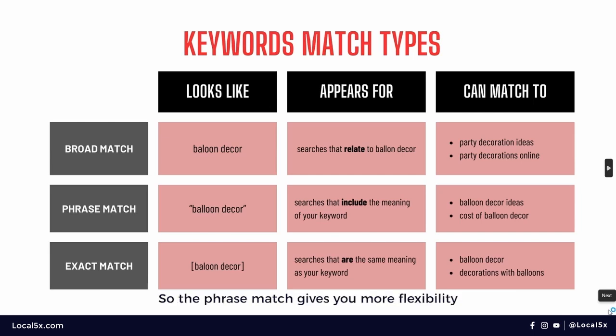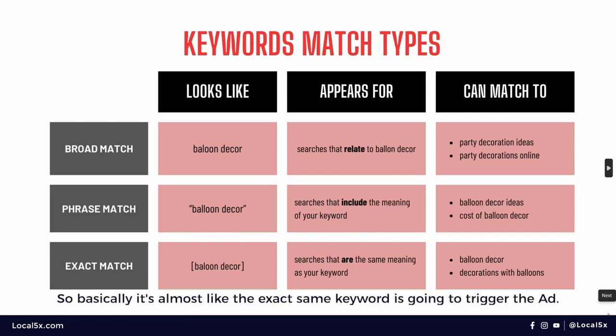So the phrase match gives you more flexibility on the demand for the specific meaning of the keyword. On the exact match, it will match things for balloon decor, like exactly balloon decor or decorations with balloons. So basically it's almost like the exact same keyword is going to trigger the ad, okay?